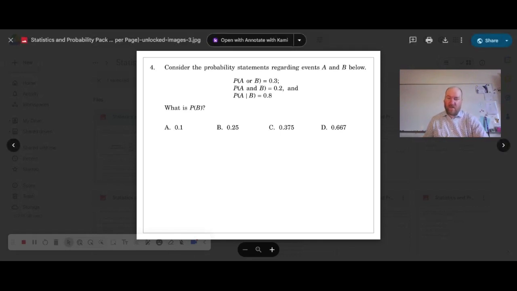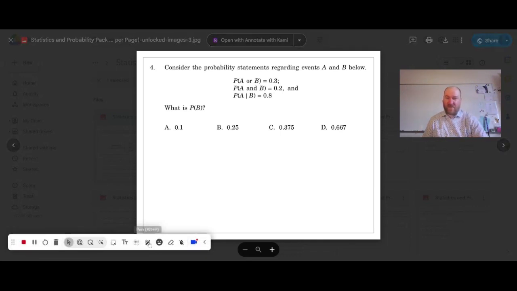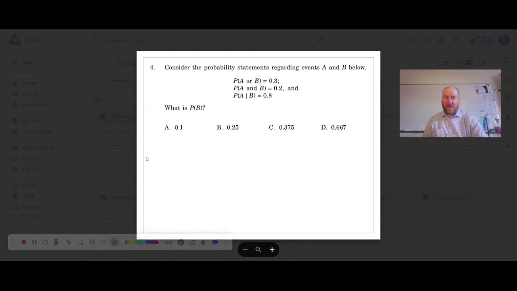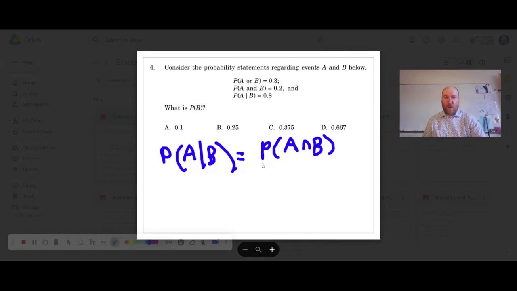So we have another probability thing here to talk about, and I'll write it out here. The probability fact we're going to deal with here is P(A|B), probability of A given B, is equal to the probability of both things happening over just the probability of B happening.